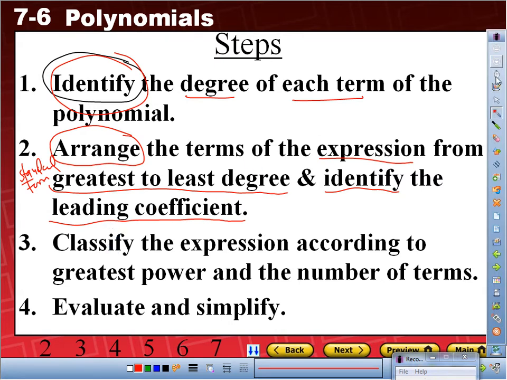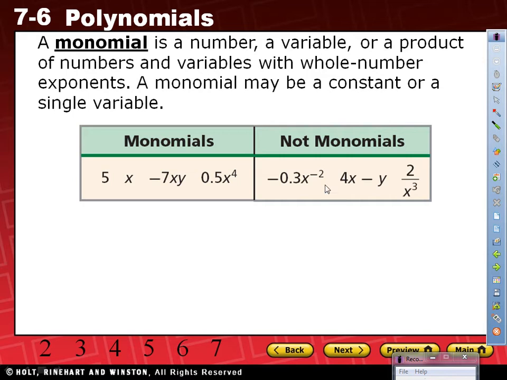Okay? So, just to refresh our memory, monomials are numbers, variables, or the product of numbers and variables that have whole number exponents if they do have an exponent. I gave you one example, and we said this is not an example because it has a negative exponent. We cannot have negative exponents.